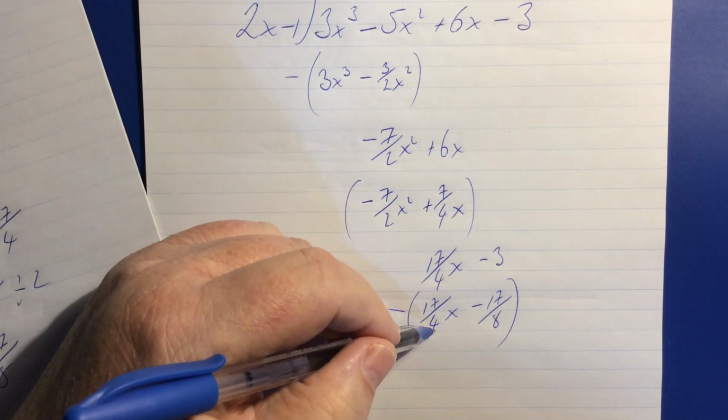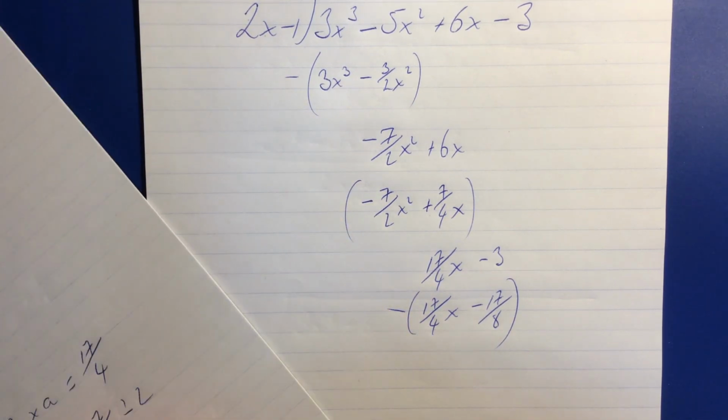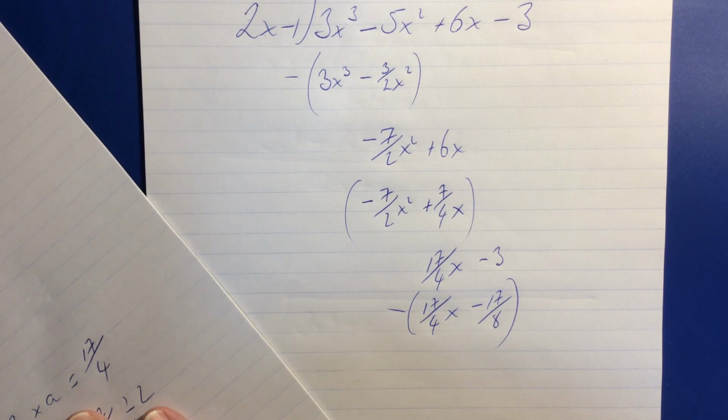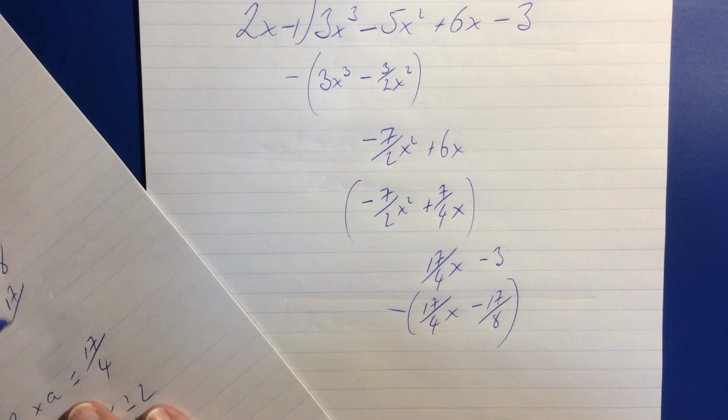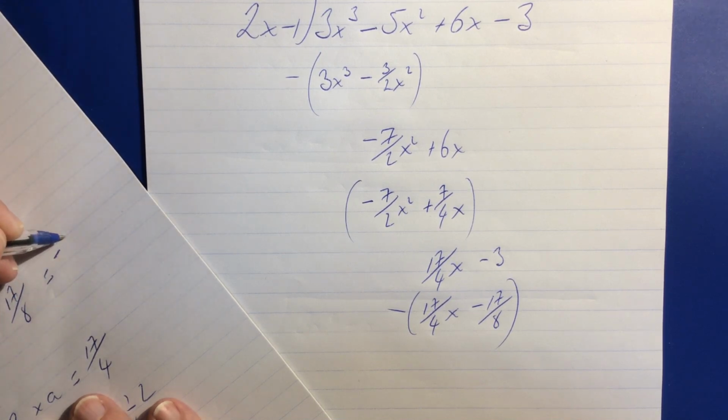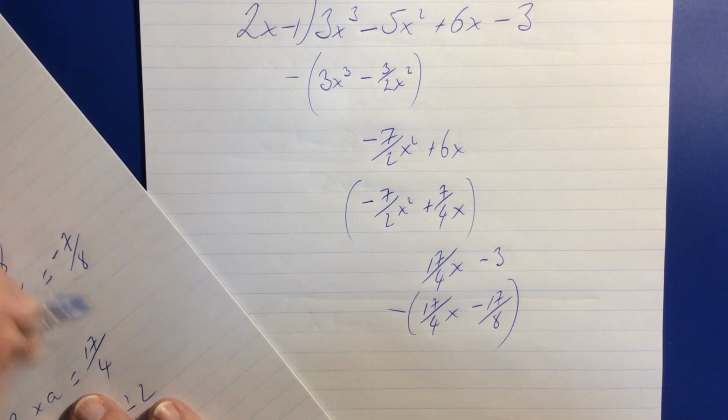This disappears, and I'm left with negative 3 plus 17 on 8. Now, negative 3 is negative 24 on 8. 8 3s are 24. And to that, I am adding 17 on 8.